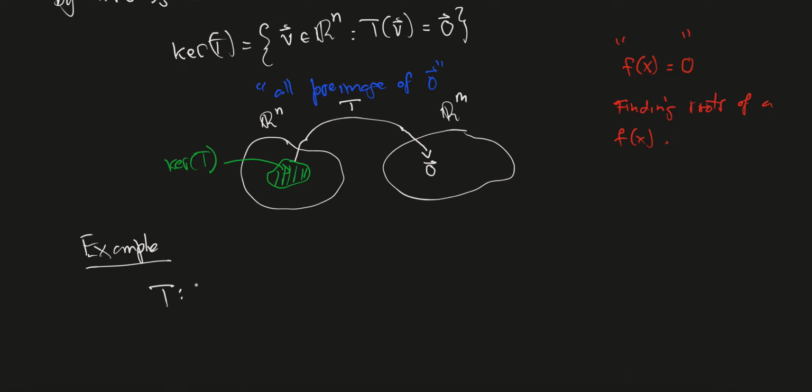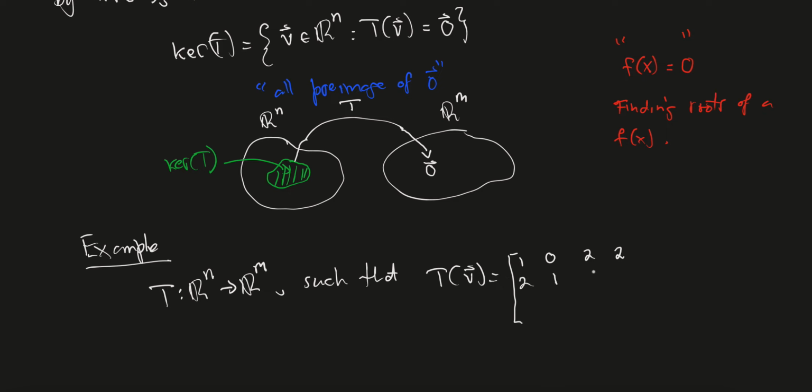T going from Rn to Rm such that T of V is given by, and what I'm going to do with this example is start with the standard matrix of the transformation.